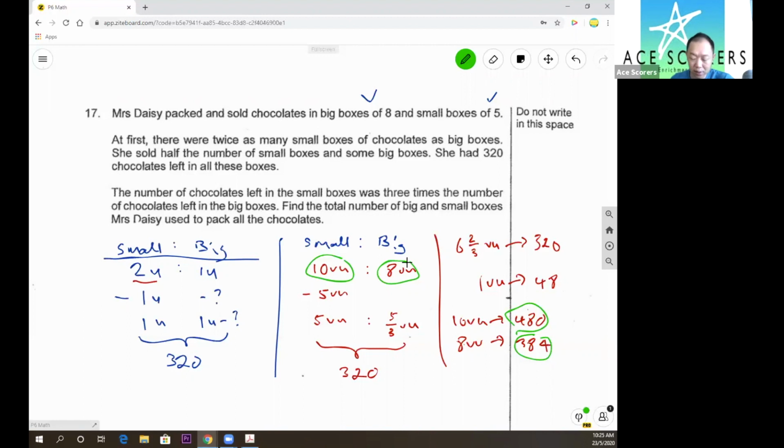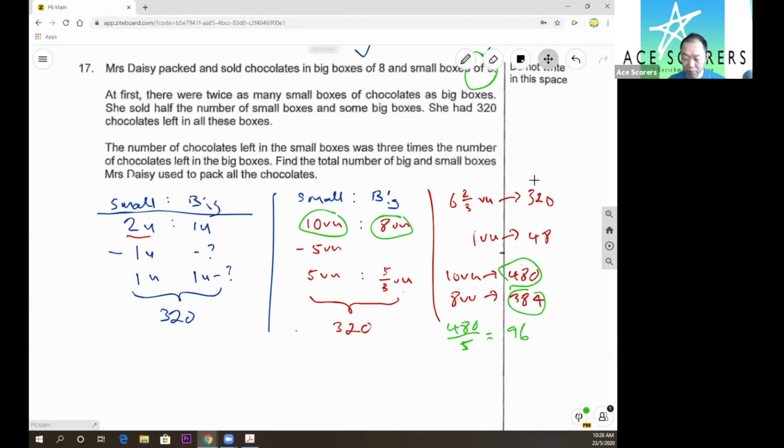This is value and units, so what we want to do now is find the number of small boxes. There are 480 chocolates, and each small box has 5. So we take 480 divided by 5. There are 96 small boxes. For the big boxes, there are 384 chocolates, so we take 384 divided by 8.